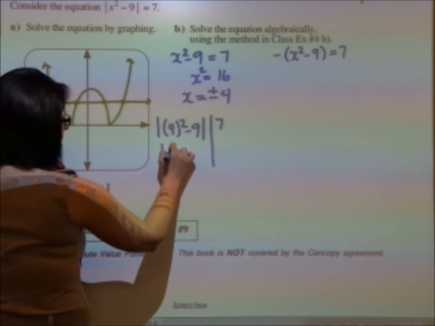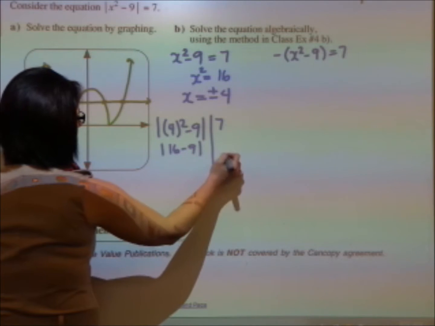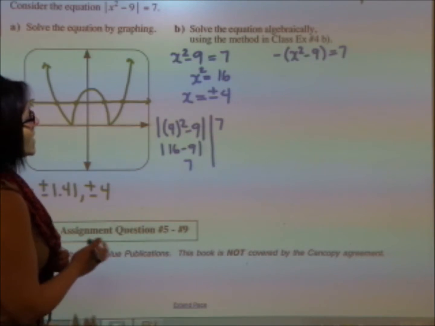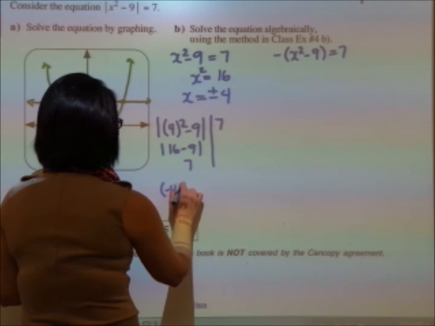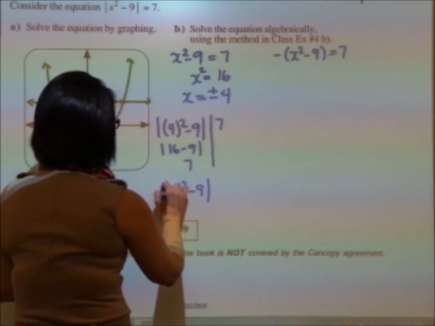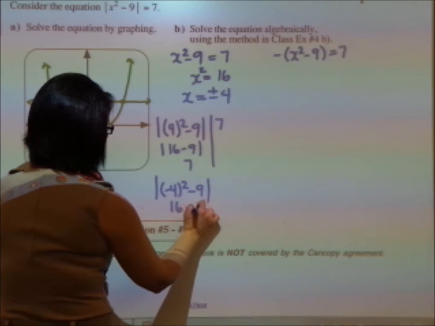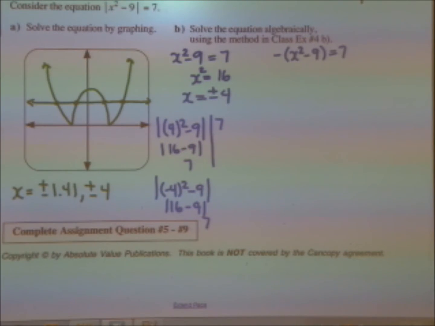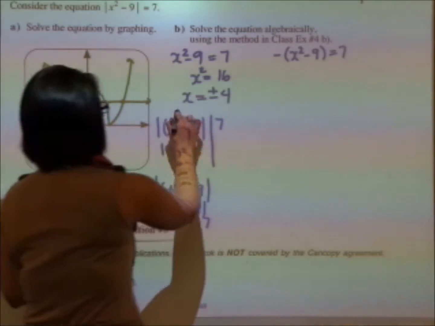Which is the absolute value of 16 minus 9, which is 7. If I take the negative, I get negative 4 squared minus 9, which is also 16 minus 9, which also equals 7. So that solution works. That's a good solution.